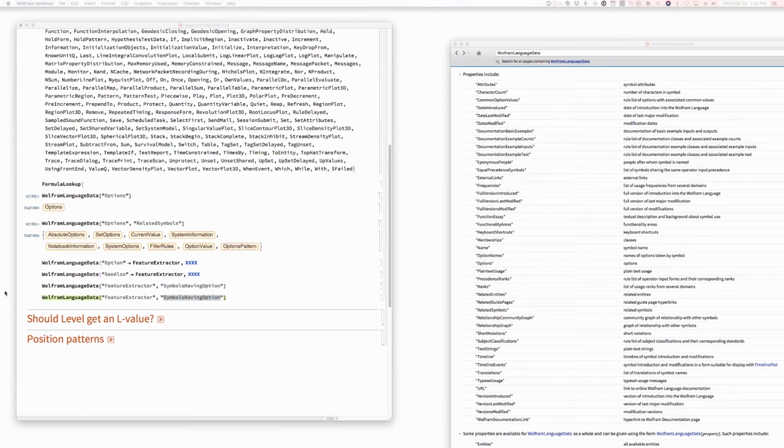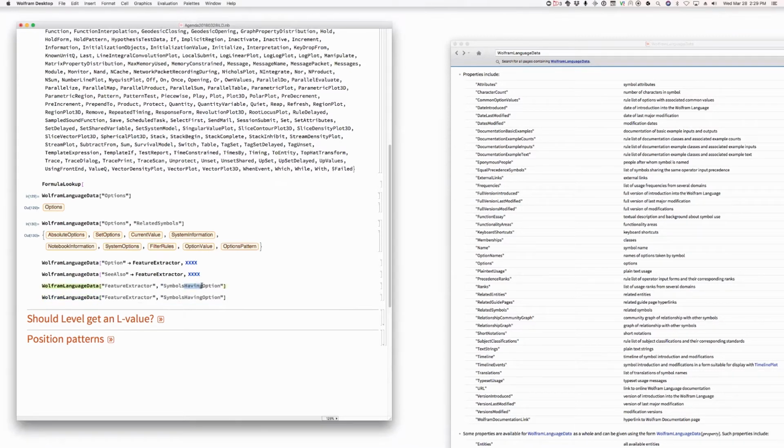Okay, terrific. Okay, let's go back to this name. It's kind of awkward. I mean, it'd be nice to say something like option uses. That's kind of weird as well.